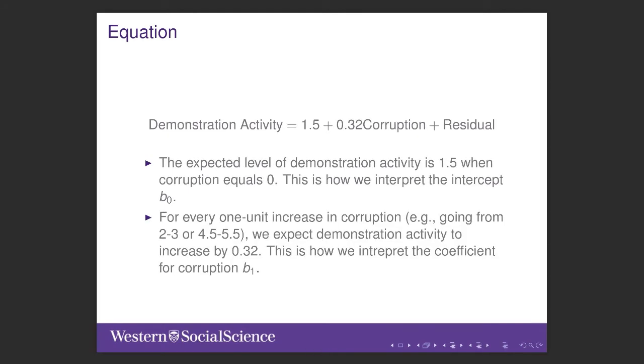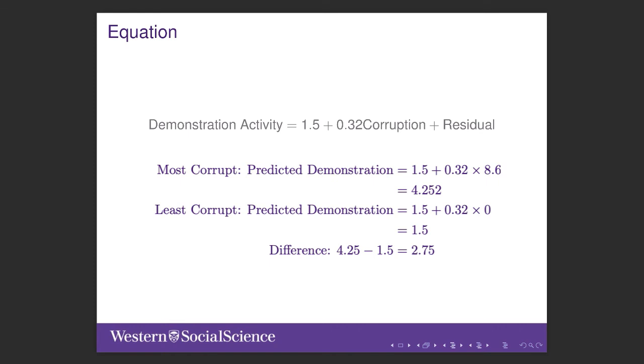The slope tells us that for every 1 unit increase in corruption, we expect demonstration activity to increase by 0.32 points. The range of the corruption index in our data is from 0 to 8.6. So we would expect demonstrations in the most corrupt country to be 2.75 points higher than the demonstration activity in the least corrupt country.